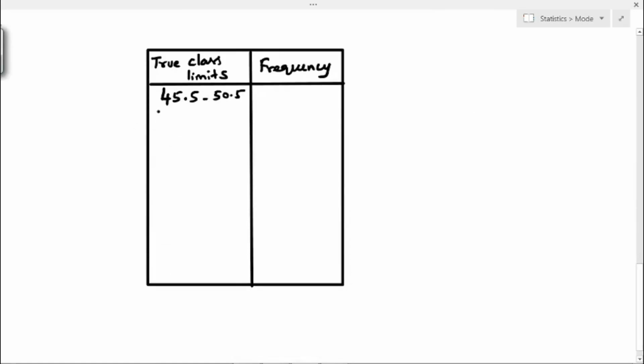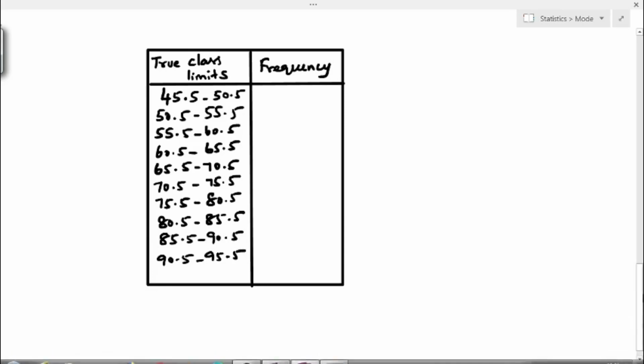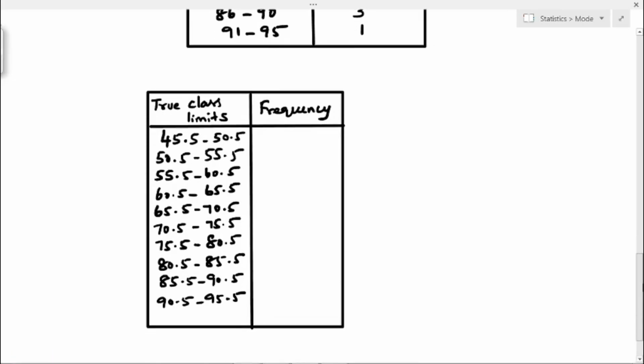That will become 50.5 to 55.5, 55.5 to 60.5, 60.5 to 65.5, 65.5 to 70.5, 70.5 to 75.5, and likewise you have to write all the values. The last value is 90.5 to 95.5, because we have 91 to 95 here.